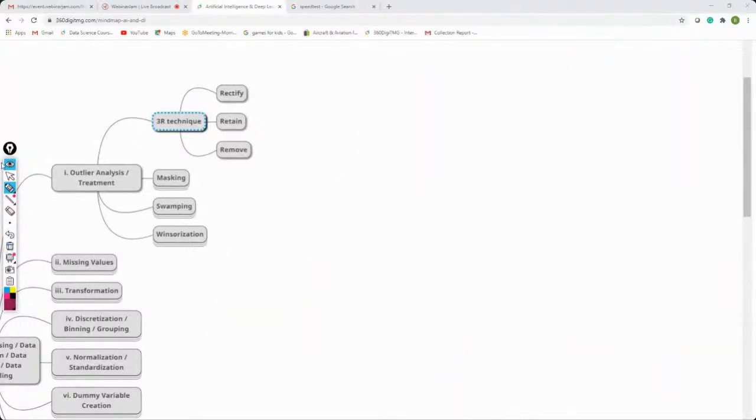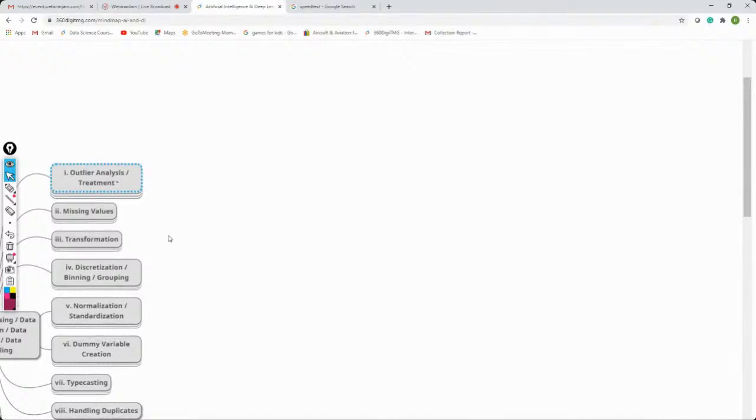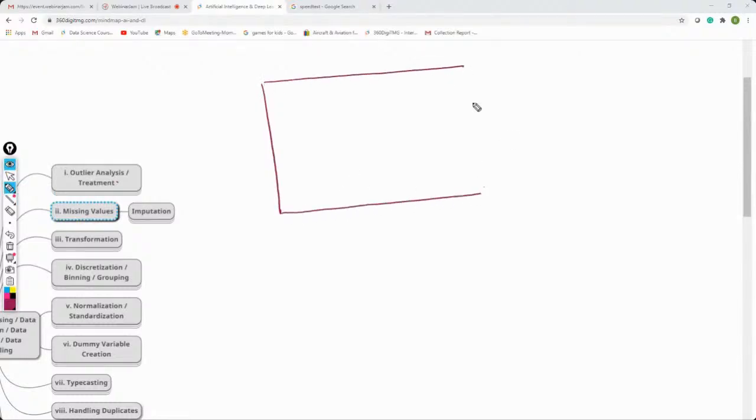All right, next thing is missing values. Suppose you have a data set with a column called age, another column called gender, another column called income, and so on.